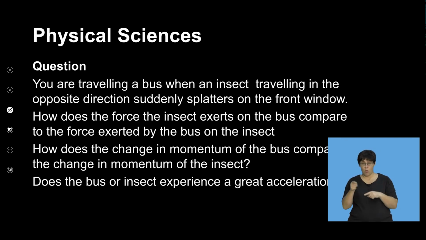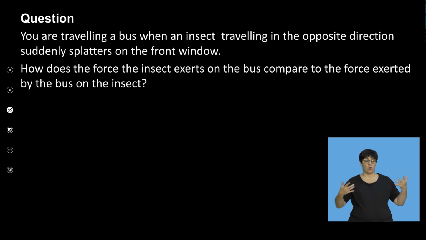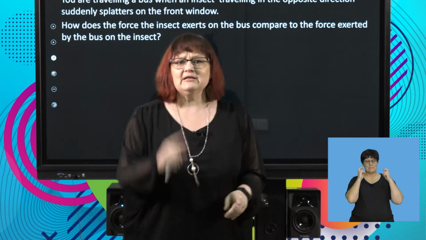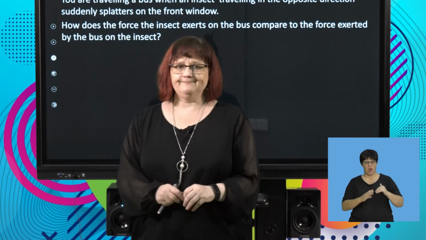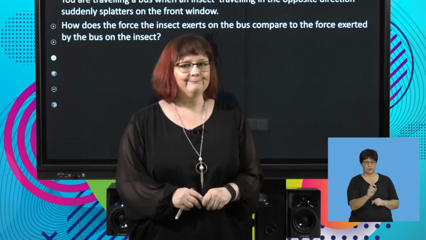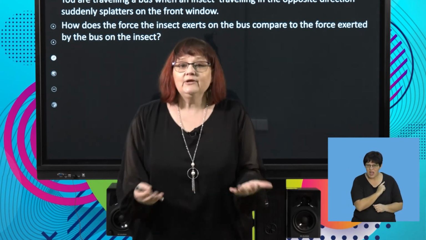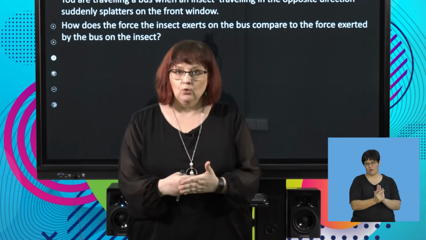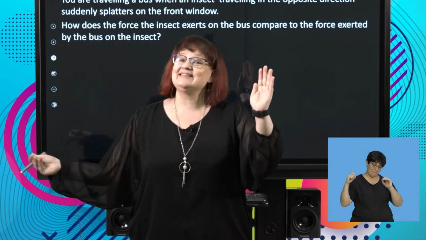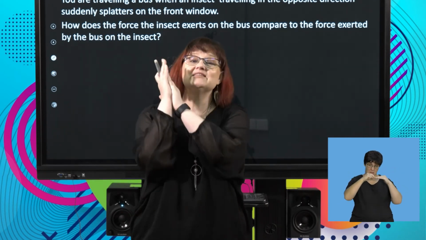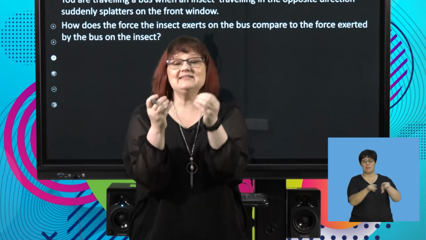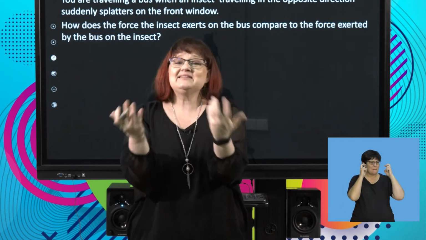So, first question. How does the force the insect exerts on the bus compare to the force exerted by the bus on the insect? And I can hear you all going, the bus exerts a bigger force on the insect. Nope. Why? Newton's third law. When the insect hits the bus, they exert the same force on each other. It's tiny. The bus doesn't feel it because the bus is so big.